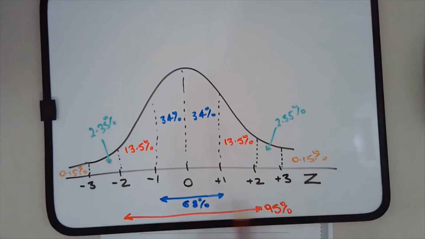You might recall, when you're dealing with Z-scores, and especially with normal distributions, roughly 68% of the scores will lie between -1 and 1 standard deviation from the mean, or a Z-score of -1 to 1. 95% of scores will lie from -2 to 2, and 99.7% of scores will lie from -3 standard deviations to 3 standard deviations from the mean. All right, so we'll refer to that later.